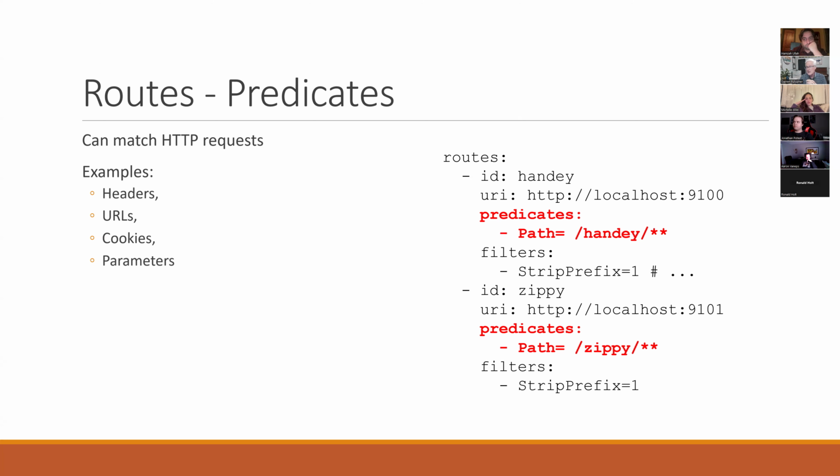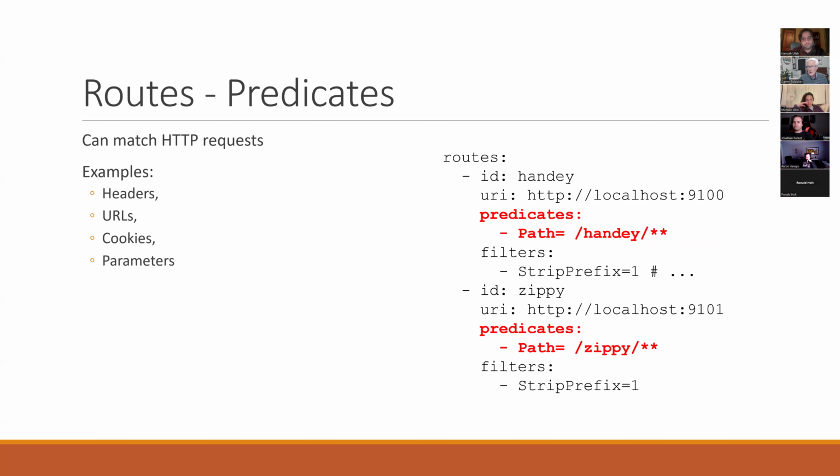So I could make it even, hey, if it's movies/search, but I'm searching with multiple regex, I can create a predicate so that that regex goes to a different microservice than just search with one regex. Right? So that's kind of cool, that I could do that.